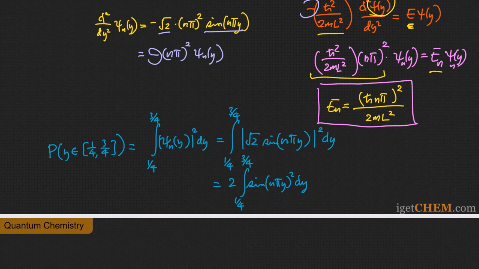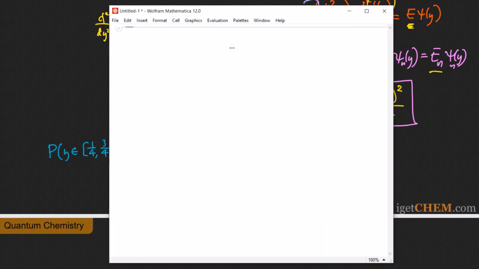So let me open up a window in Mathematica. I want to essentially just integrate this function, sine squared n pi y. So let me just define this function, psi, lowercase psi of y, equal to sine of n times pi times y.